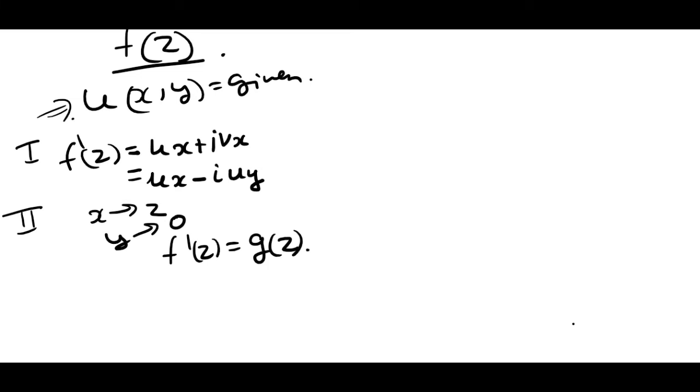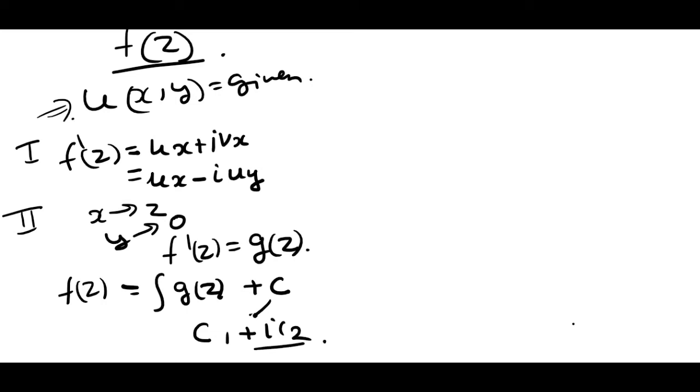So now f(z) is equal to the integration of g(z) with respect to z plus c. Here c is a complex integral constant whose value will be like c1 plus i c2. So this is how you will find f(z).